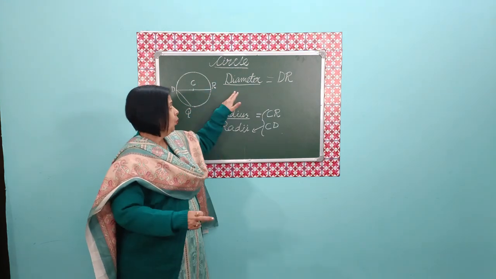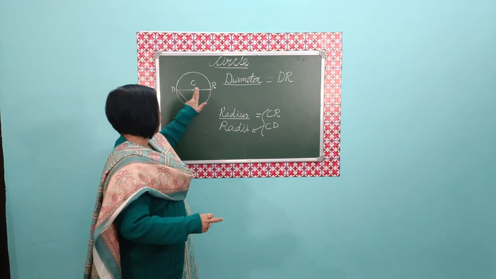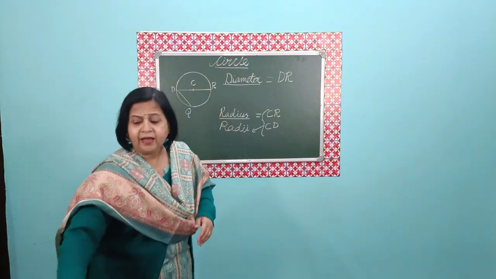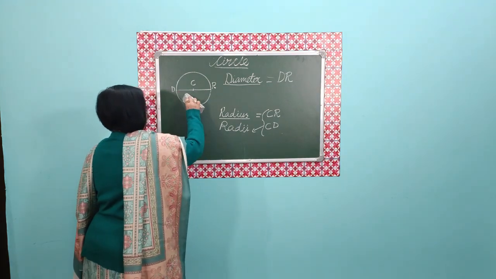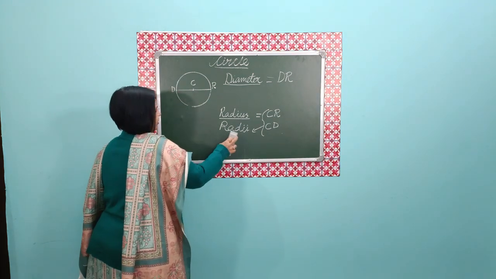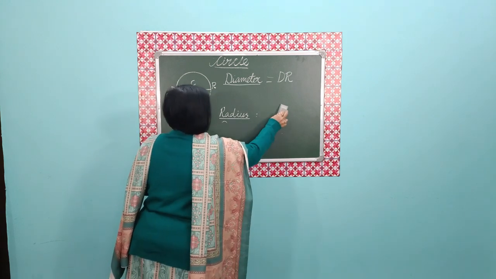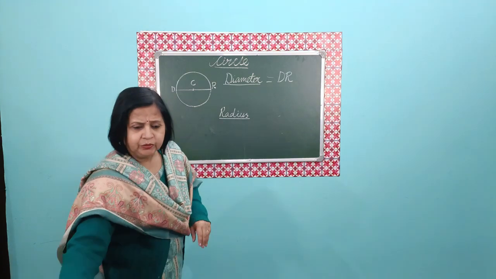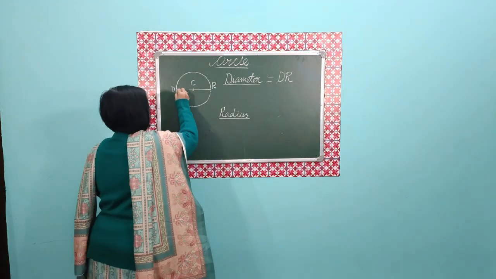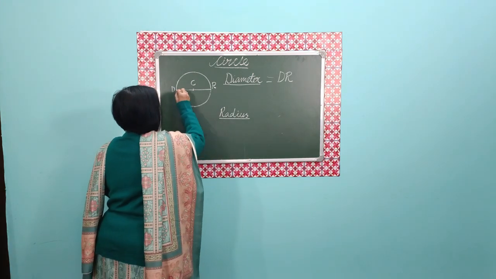Now, we are going to look only at the diameter and the radius, nothing to do with all these other points that we have written. Just look at this diameter DR carefully.